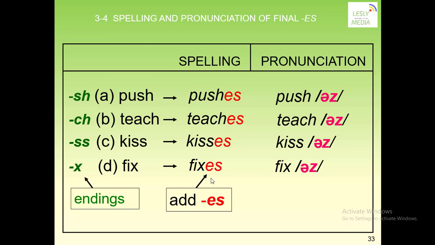Once again, you have to add es if the subject is he, she, it. Yeah? And the way you pronounce it, you have to pronounce with z. Should be a voice there. Harus ada getaran z. Okay.